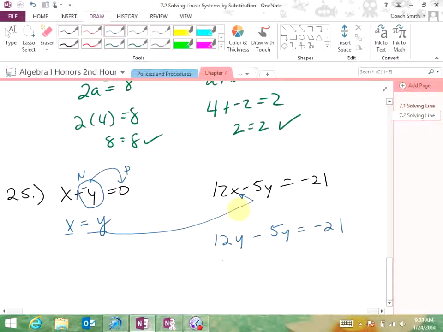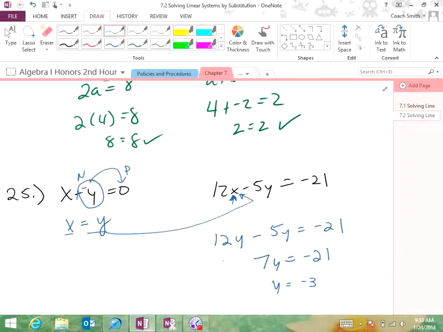So I plugged in my value for x right there, and that's y. So what is 12y minus 5y? 7y equal negative 21. And so y is equal to what? Negative 3.